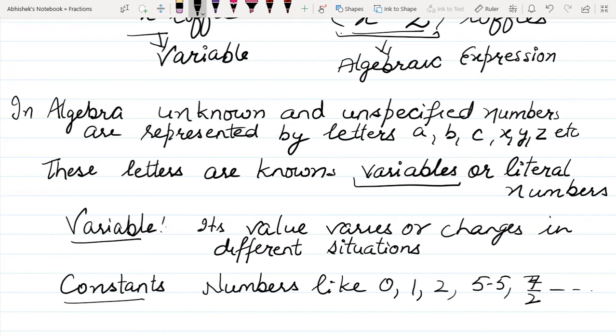These have fixed value. 0 is equal to 0 only. 1 is 1. 2 is 2. 5.5 is 5.5. We cannot say this is 6.5 or 7.5. That's why we call these numbers constants. Any symbol which has a fixed numerical value is known as a constant.